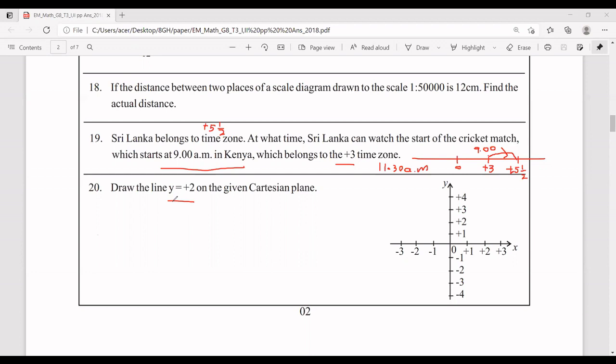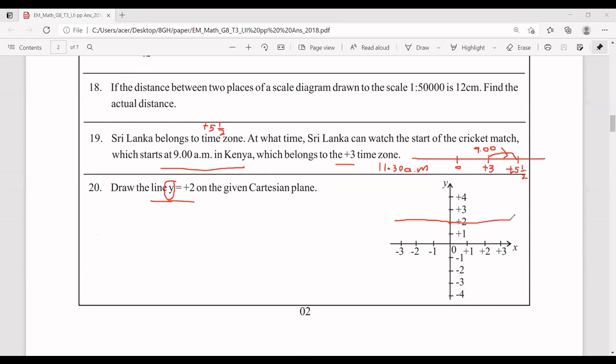Line y equals +2 means in the y-axis you have to find +2. You have to cross the y-axis at +2. So you have to draw the line this way.